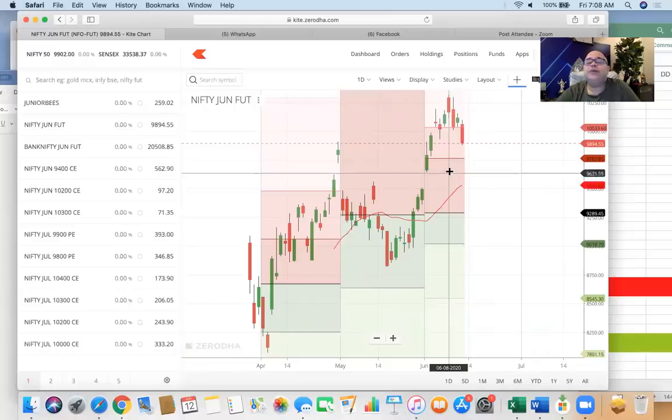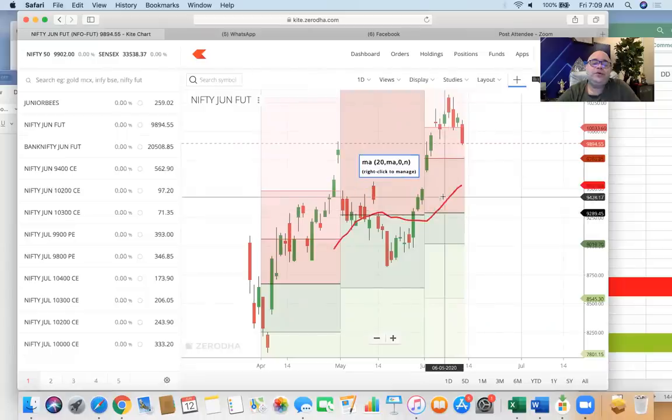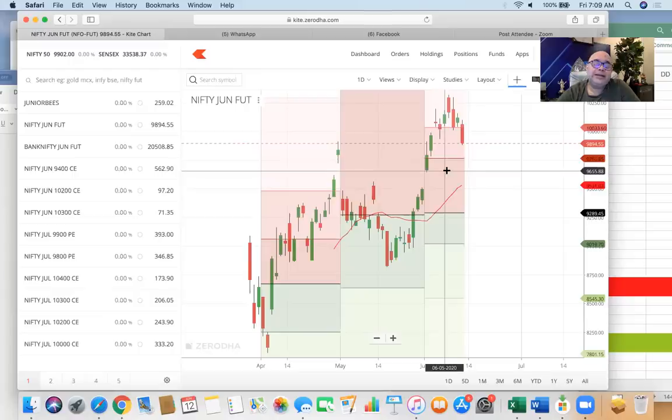So this is about the level 9635, 9650, from where post the open you could have a small intraday rally. But remember, it is likely to be only an intraday rally. US futures are right now up by 200 points, but I would not worry about them.